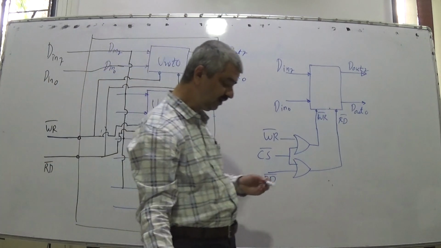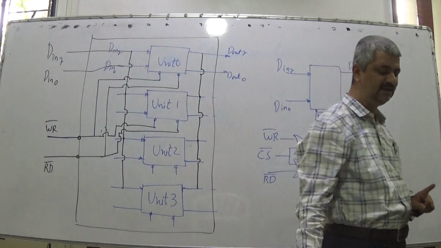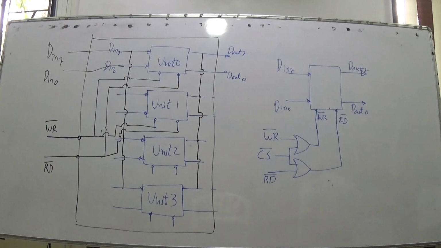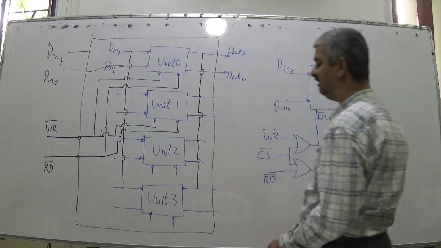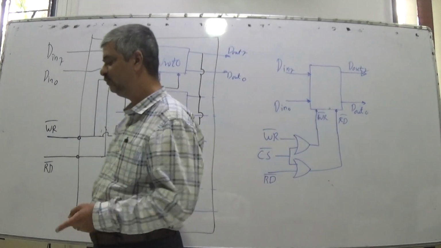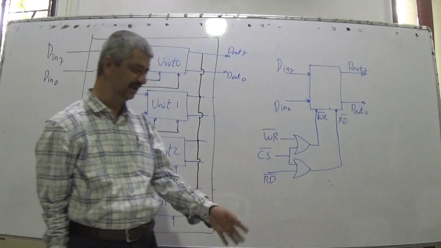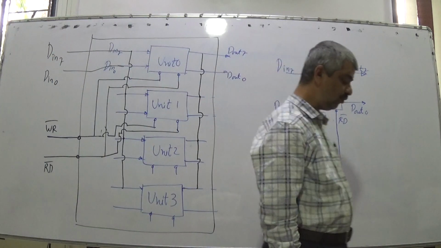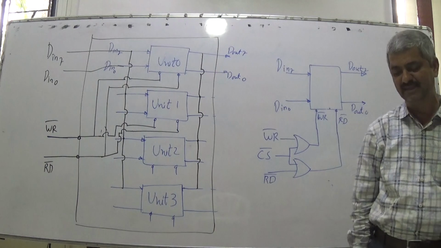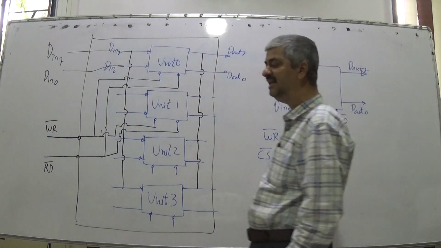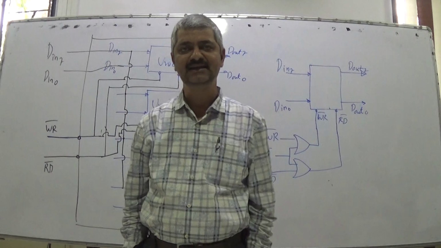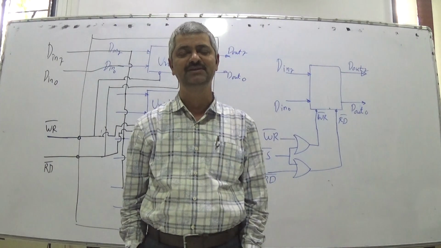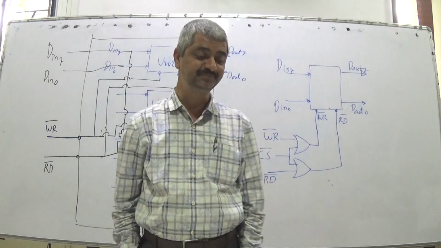So one single byte memory cell has 8 data in lines, 8 data out lines, 1 read bar, 1 write bar, 1 CS bar. Supply lines we right now don't mention. So each single byte memory cell has 19 lines: 8 data in, 8 data out, 1 read bar, 1 write bar, 1 CS bar.